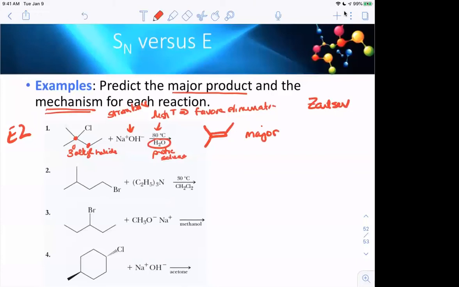All right, primary alkyl halide, weak base, very poor nucleophile. Moderate room temperature, aprotic solvent.